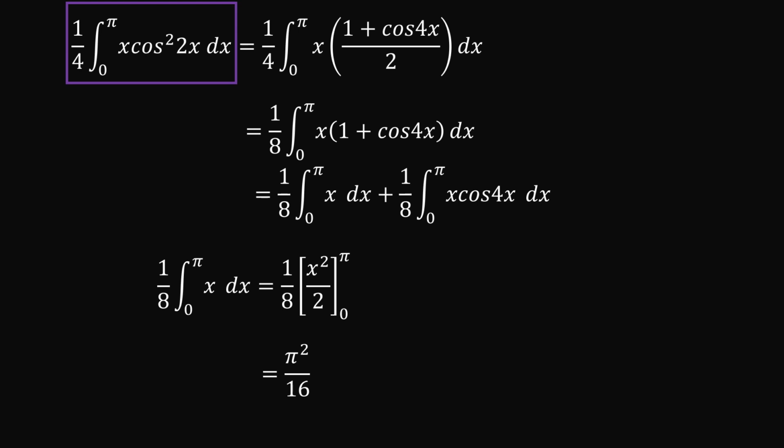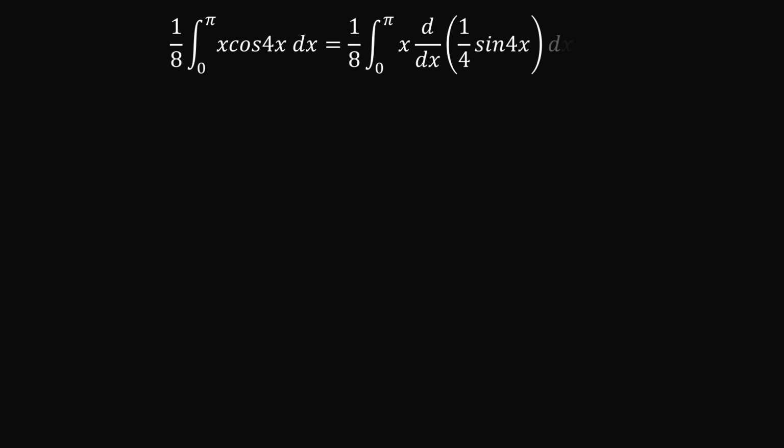Going into the second term, trying to integrate this, what happens is that 1 over 8 times the integral of x cosine 4x is the same as 1 over 8 x times the derivative of 1 over 4 sine 4x.